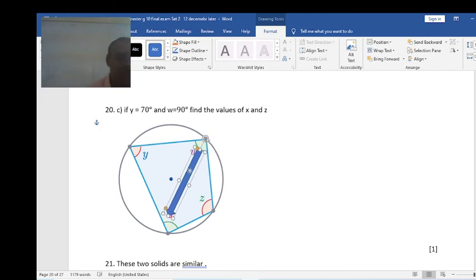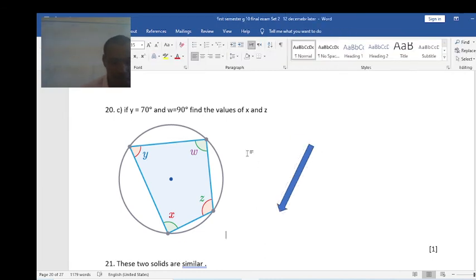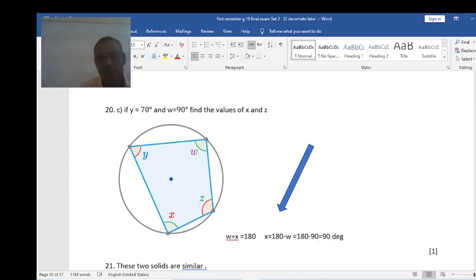W plus X is 180 degrees, and W is 90. So X equals 180 minus W, which is 180 minus 90, equal to 90 degrees.